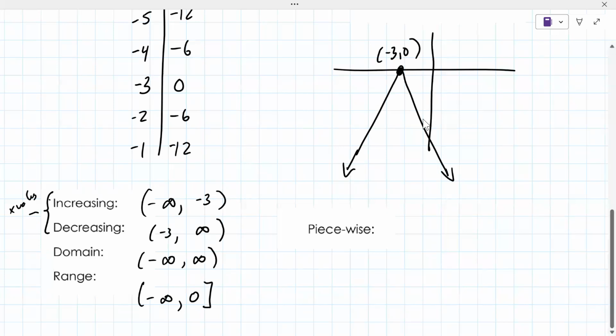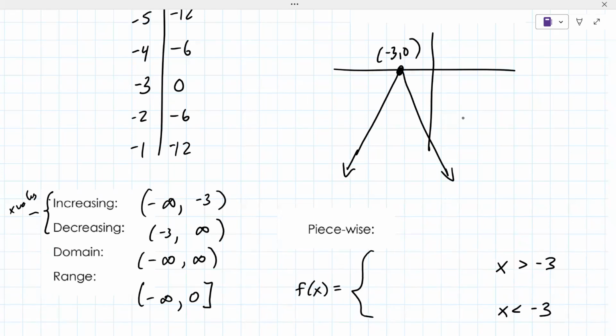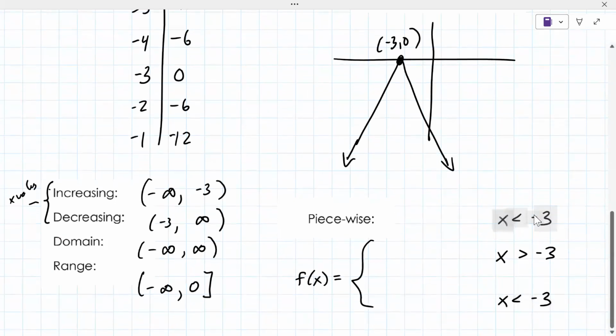And the one over here has a negative slope. So the first thing is that you can break it apart here where you have X less than -3 and X greater than -3. You do the left one first, then the right. So there's the 2 pieces there.